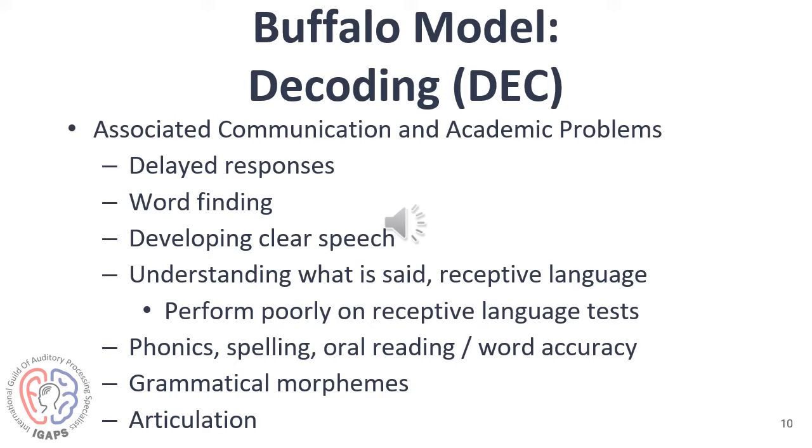Those with decoding deficits may have difficulty with phonics because they cannot remember or manipulate phonemes. Spelling is hard because they must be able to use the sounds to spell. Poor decoders may compensate with a good visual memory.